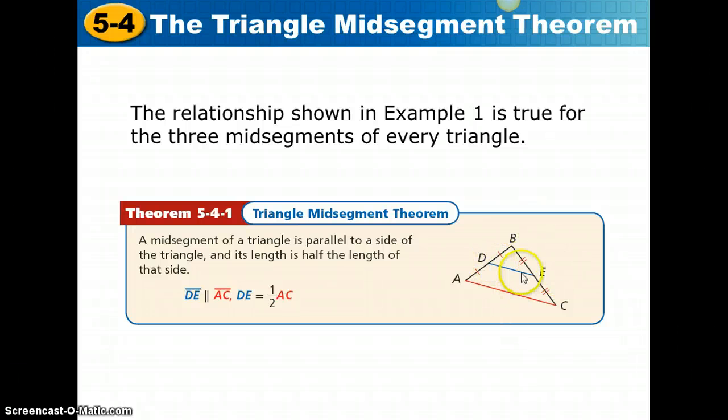So in this case, D and E are midpoints of triangle ABC. So DE is parallel to AC, and the length of DE is half the length of AC. So we can use these facts, the triangle midsegment theorem, to figure out some other calculations.